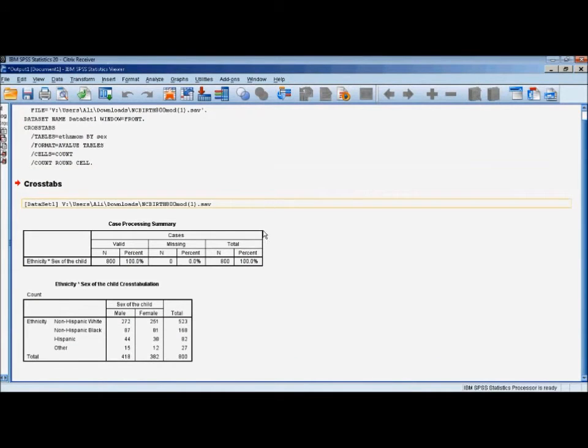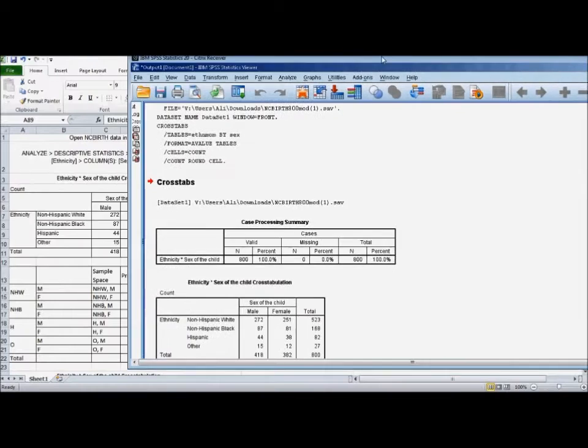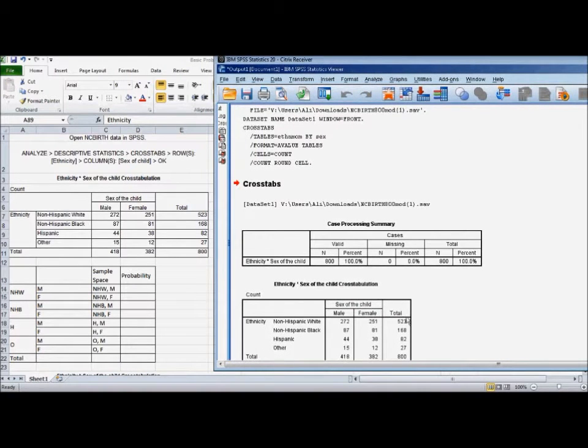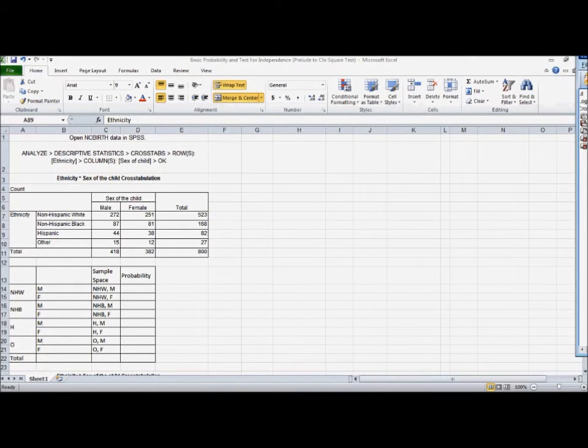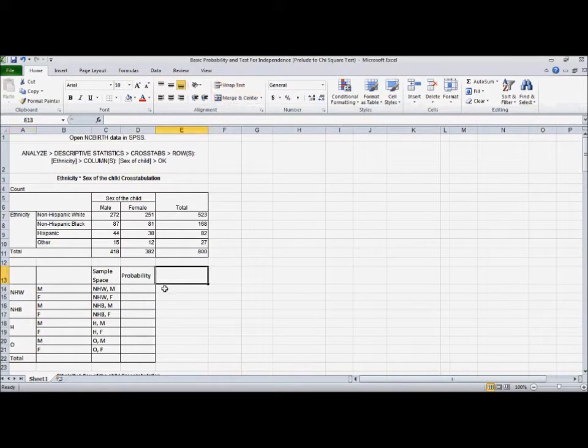This is our output here from SPSS. You can confirm that the totals are the same. I copied and pasted this table into Excel for you. So we can get rid of our SPSS output and just stick with our Excel file. We should be able to read this table. It's pretty straightforward.